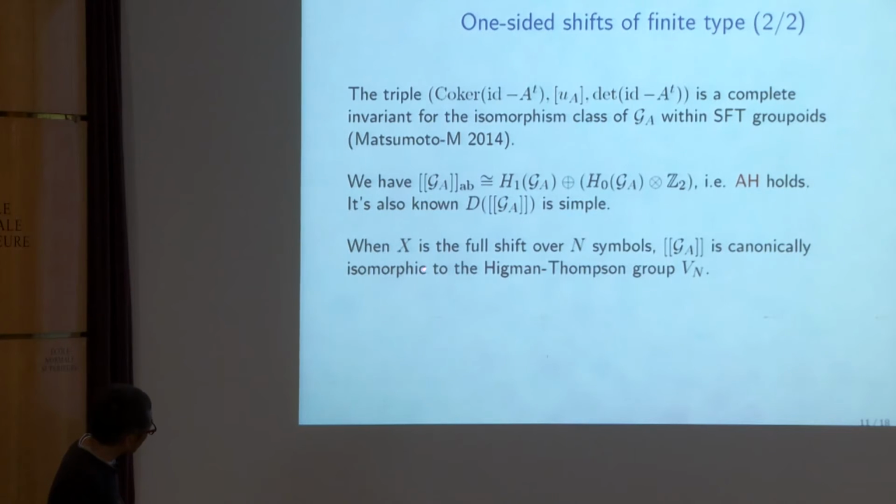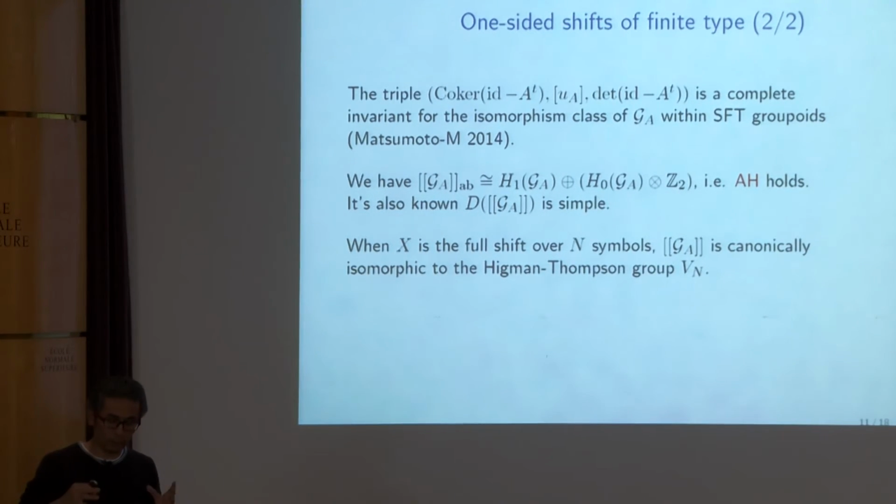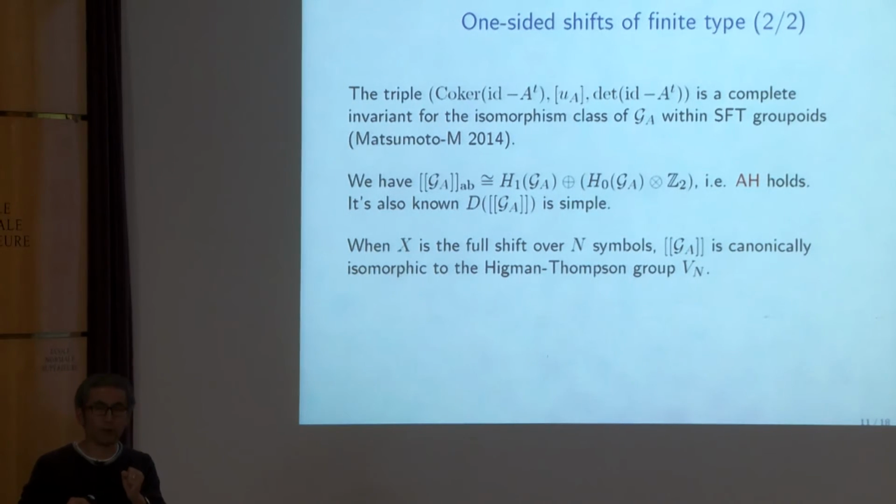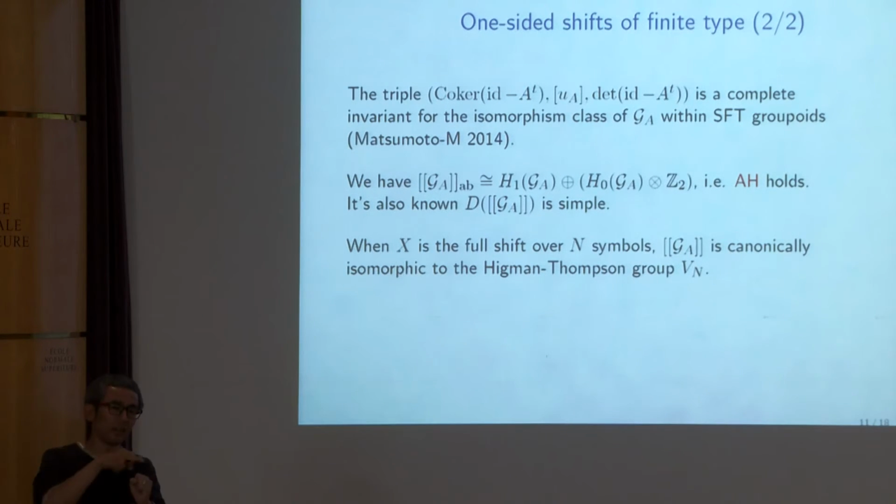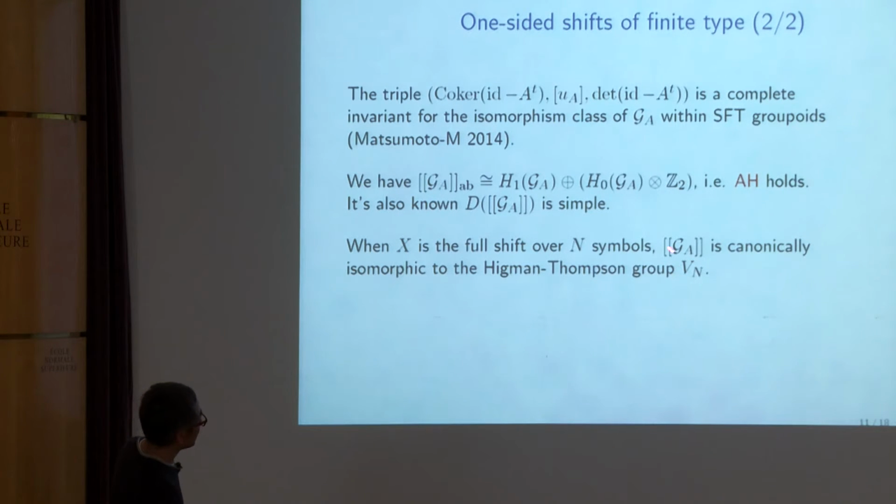And next, when it is a full shift over n symbols, that is, our graph has a unique vertex and n loops, this topological full group is canonically isomorphic to the classical Higman-Thompson group V_n.